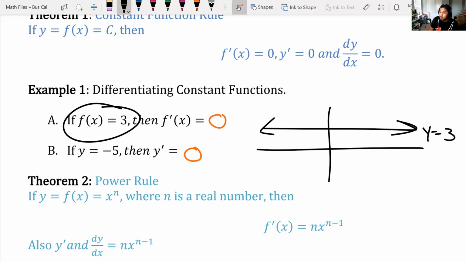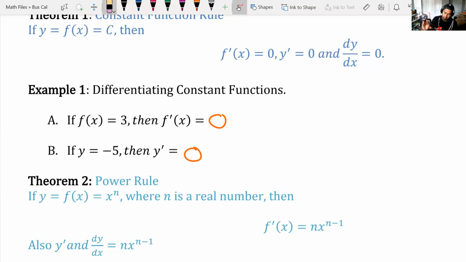What is the slope of all horizontal lines? 0. Oh my goodness. That's why the derivative is always 0. Because remember, the derivative finds the slope of the original function, and the slope of that original function happens to be 0. Okay, that's it. I know. Awesome. Good visuals, right?